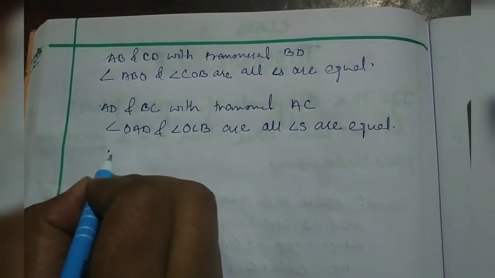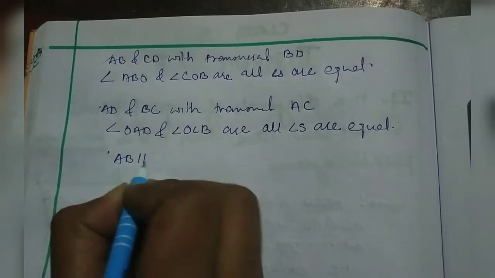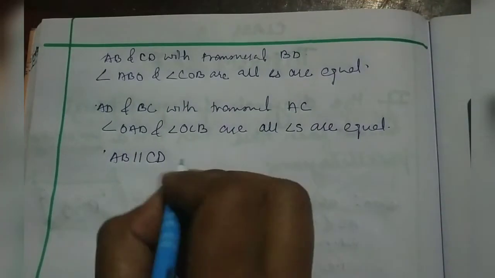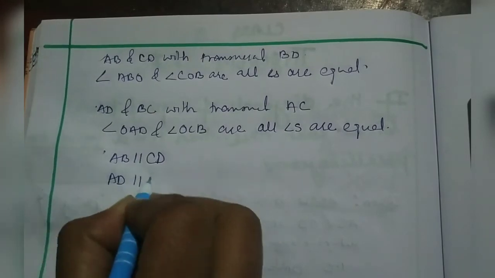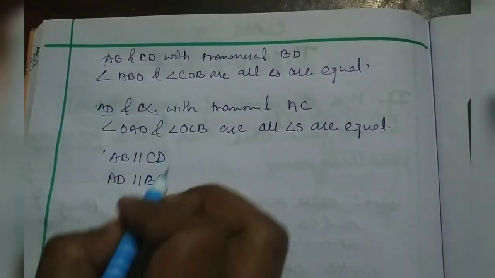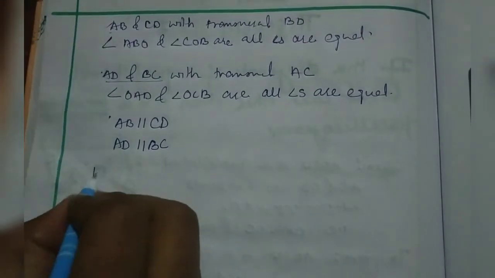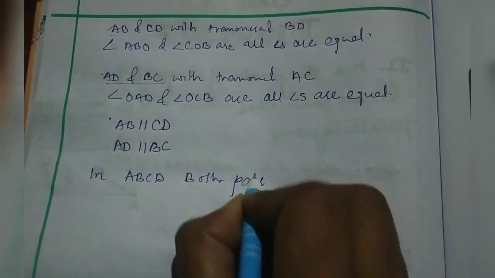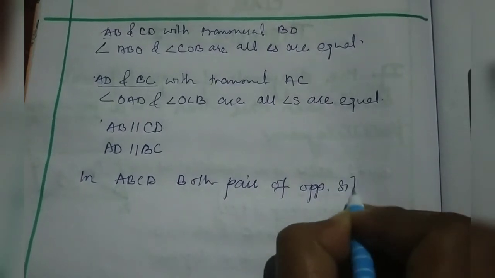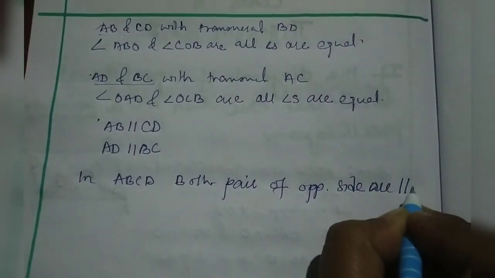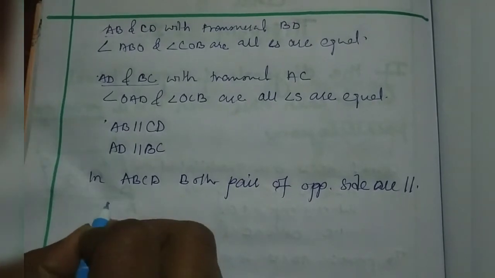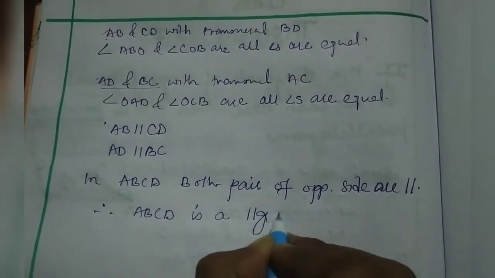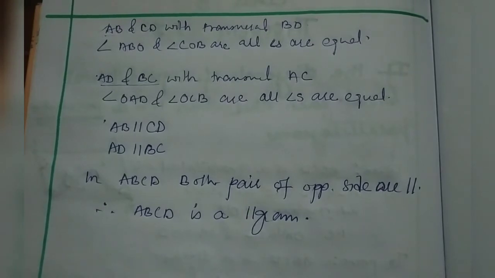So we get AB is parallel to CD and AD is parallel to BC. In ABCD, both pairs of opposite sides are parallel, and therefore ABCD is a parallelogram.